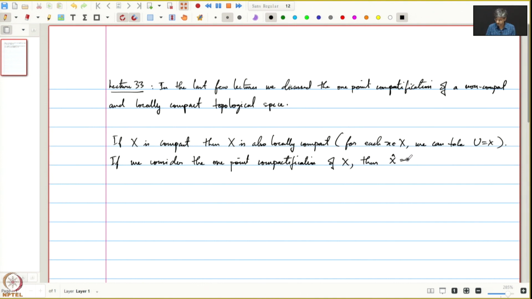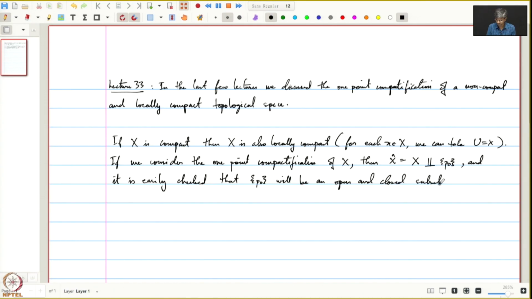So our X hat is going to be X disjoint union one more point P naught, and the topology is given in the same way that we did in the non-compact case, and it is easily checked that this point P naught will be an open and closed subset, right.